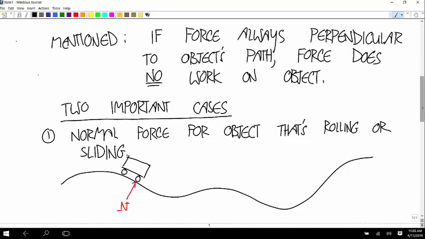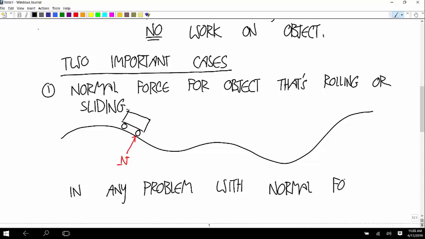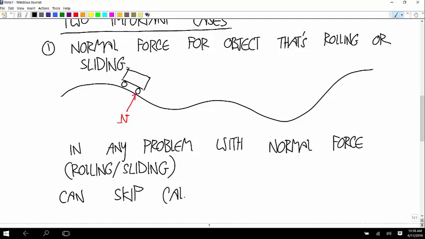And so that means that in any problem with a normal force, any rolling or sliding problem, you can skip calculating the work done by the normal force.